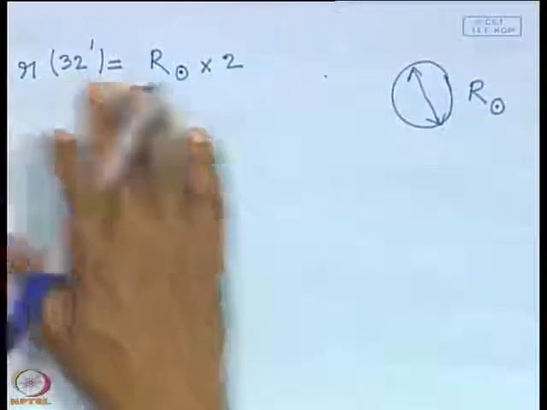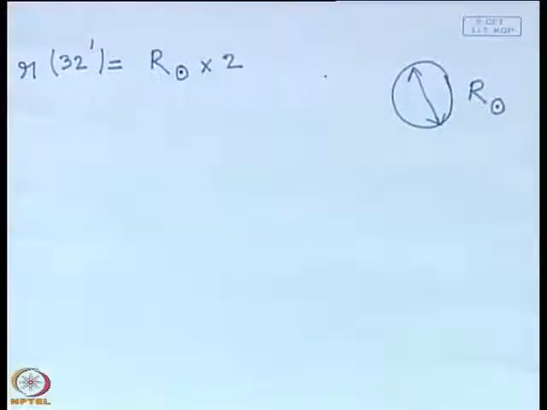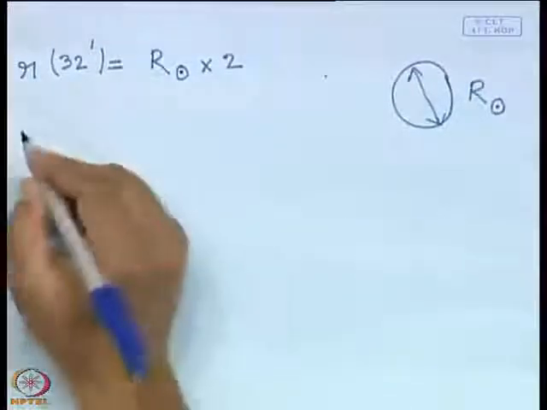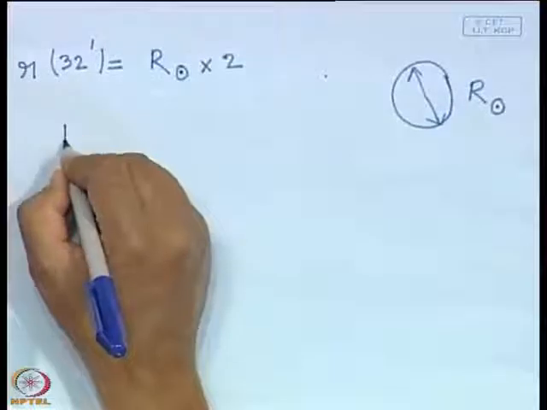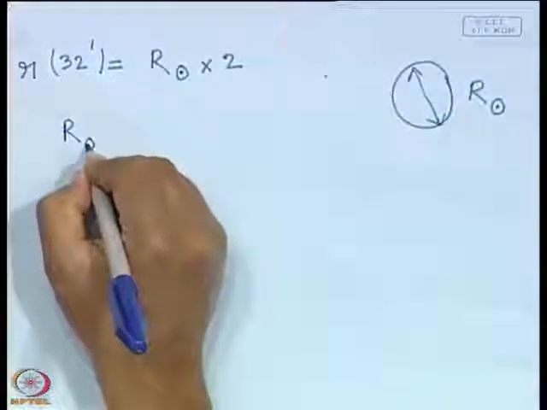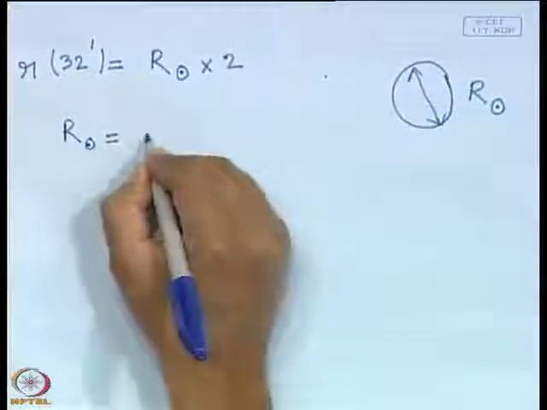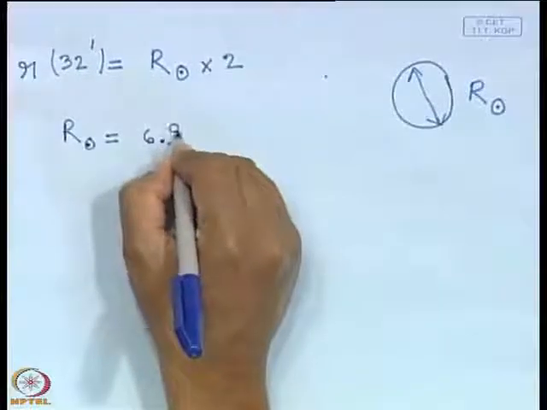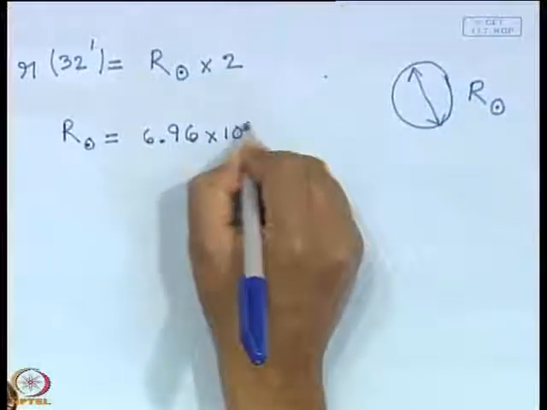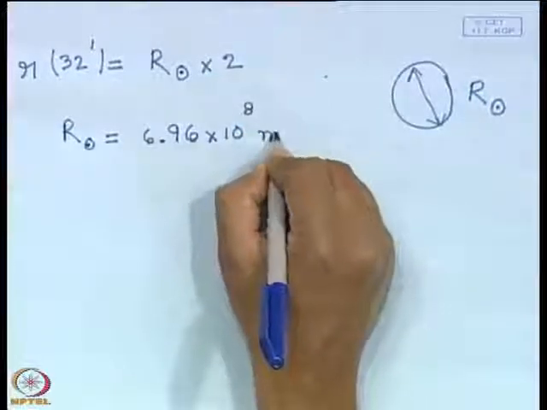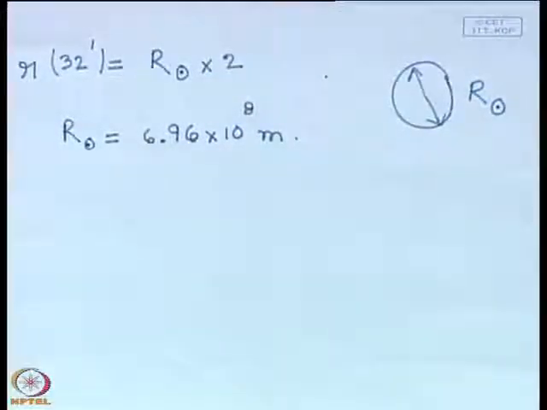So you can use this to determine the radius of the sun, and if you determine it, it has a value 6 point... so it takes roughly 2 seconds for light to travel from the center of the sun to the radius.